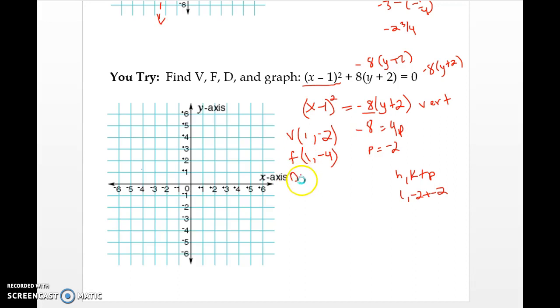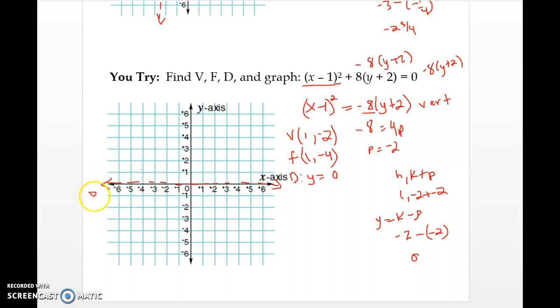And your directrix is going to be y equals an equation because it's vertical. And that's y equals k minus p. So -2 minus -2. Negative and then negative make a positive, and this gives you 0. So y equals 0 is a horizontal line.